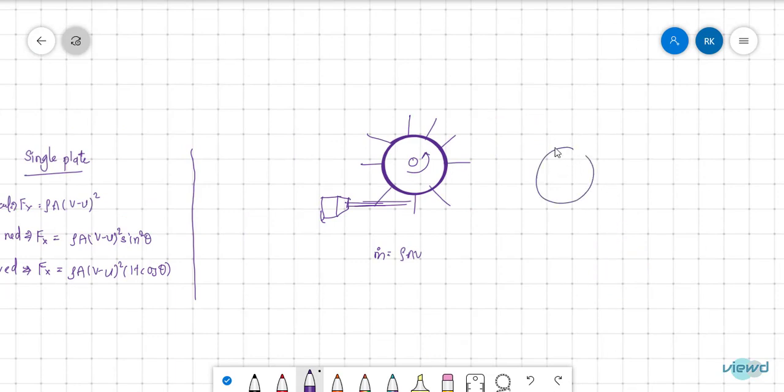In the case of a single plate, the plate is here and the jet is striking.